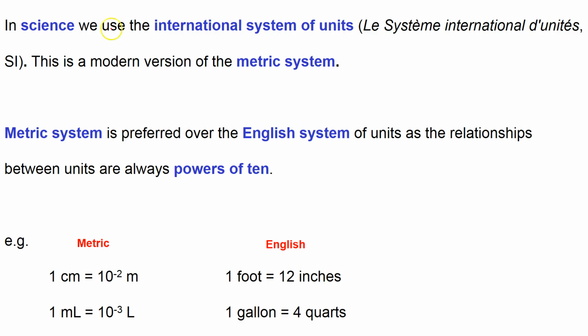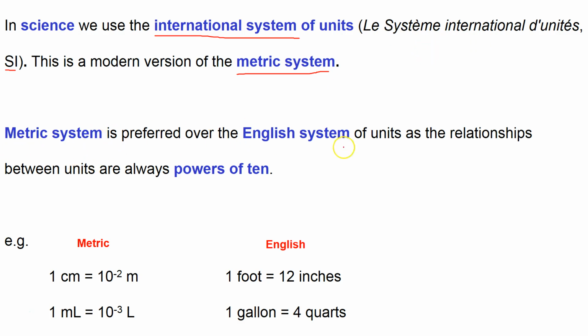So in science and engineering, we use the International System of Units, which is the modern, most up-to-date version of the metric system. We call this the SI system of units because it was developed in France, and in French it's Le Système International.